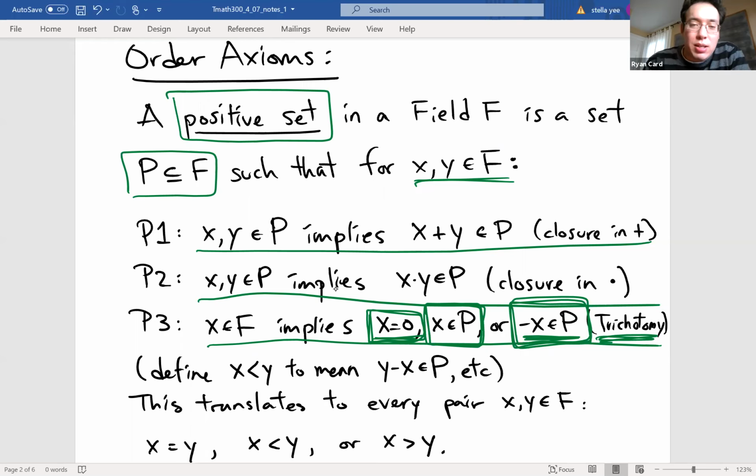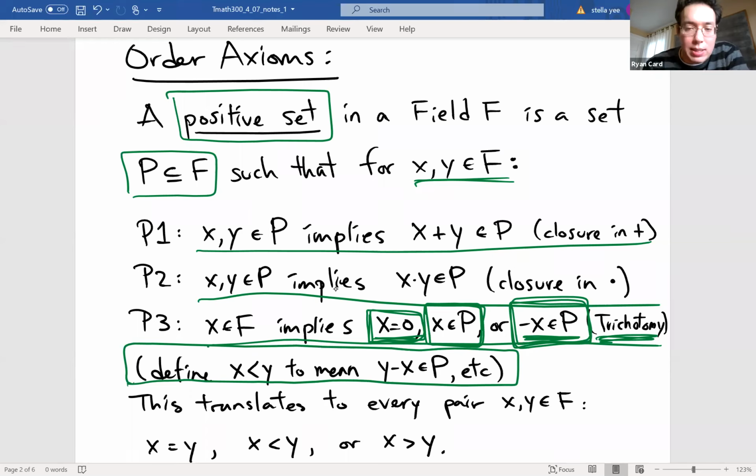And you know, this notion of positive set is a little bit difficult to work with. So another equivalent definition that we're going to use way more frequently than the positive set is the idea that we denote x is less than y as the same thing as y minus x, or y plus the additive inverse of x, is in the positive set.